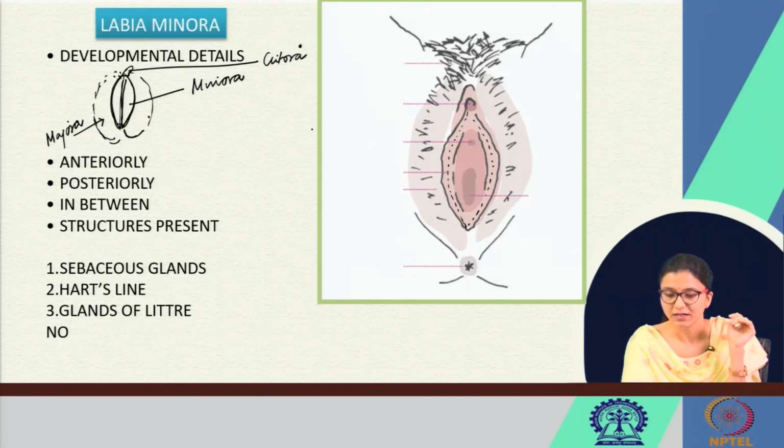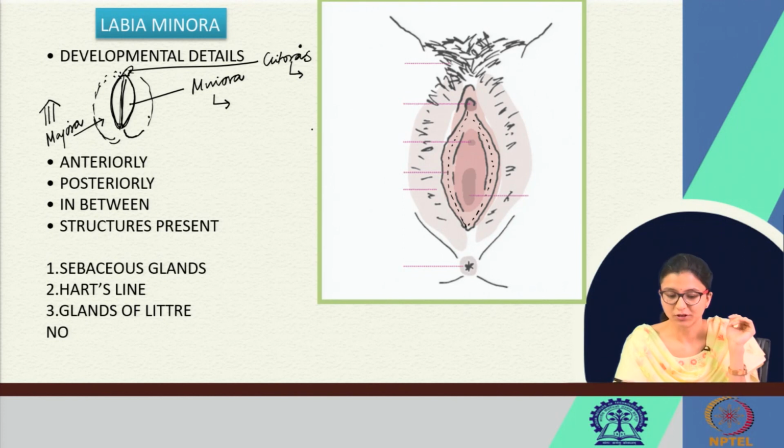Labia majora is homologous to scrotal sac in males. Labia minora is homologous to penile shaft in males, and clitoris is homologous to the glans penis in males.